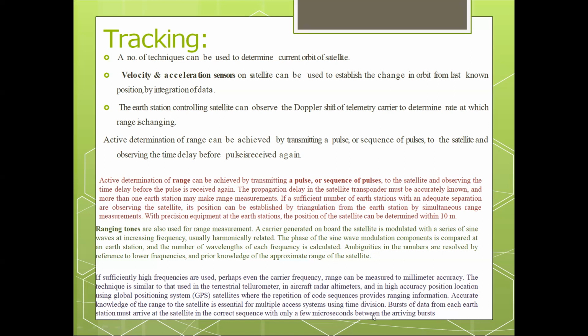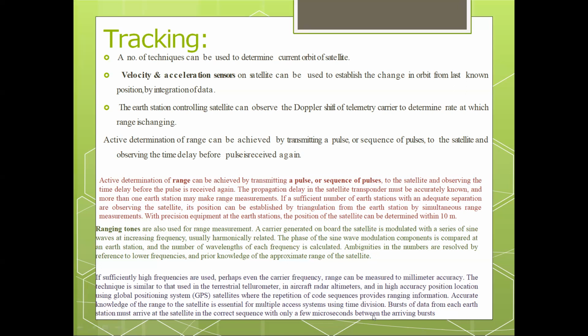So to maintain this task in the right manner, the highest frequency components are used as carrier frequencies. Therefore, the range is to be measured in an accurate manner. Sometimes, in practical considerations, there are ranging tone applications.